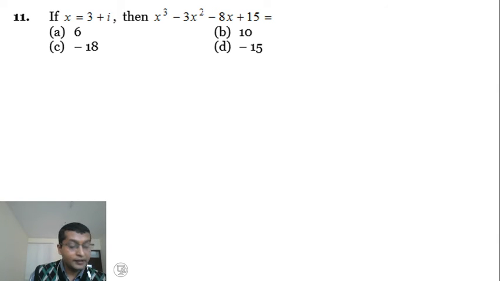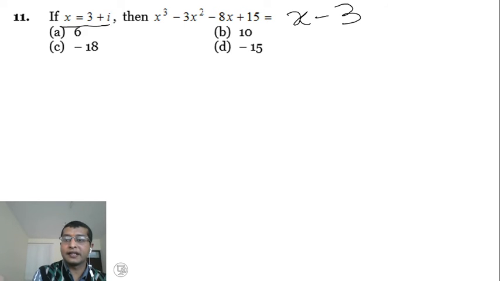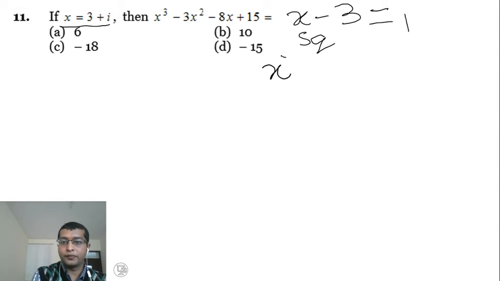It is x equal to 3 plus i, then x cube minus 3x square minus 8x plus 15 is equal to. Okay, so what I will write is, from this first expression, I write a solution for i, that is x minus 3 equal to i. On the other hand, squaring, we get a square.